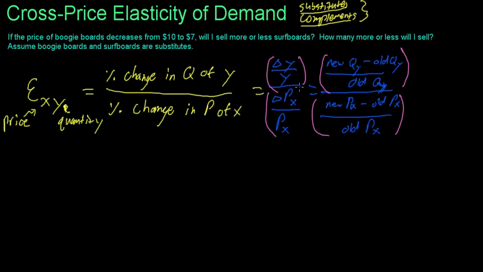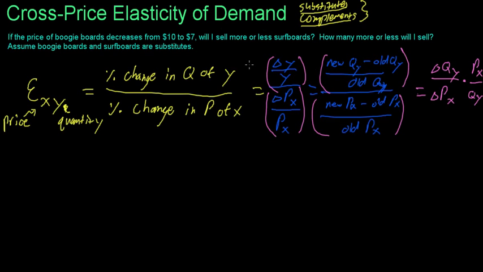So you can have the change in the quantity of y over the change in the price of x, times the price of x over the quantity of y. These are all alternate definitions for the exact same concept.